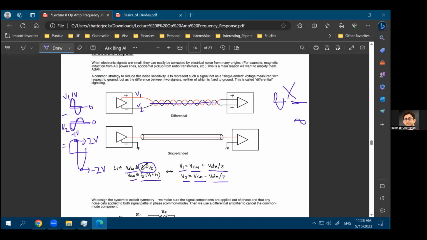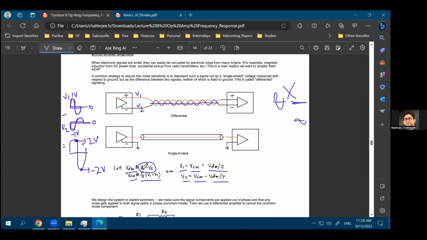Same happens with noise. Noise is present in all the terminals. And if the terminals are designed very close to each other, the noise will somewhat be correlated in those two terminals. So that correlated noise will go away once you take a subtraction of the two inputs.